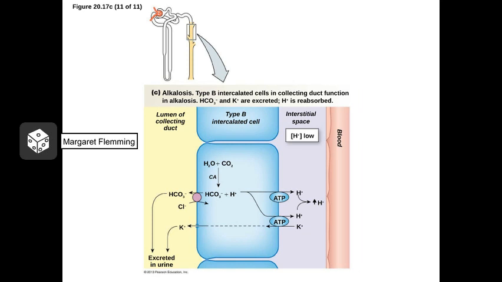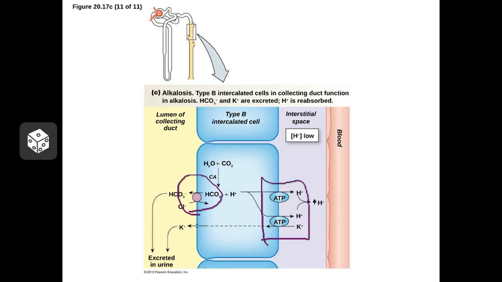Take a look at this cell. Is it the same cell we saw in the previous slide? Well, it has some of the same transporters. Here's the bicarbonate chloride antiporter. And here are the ATPase driven pumps.